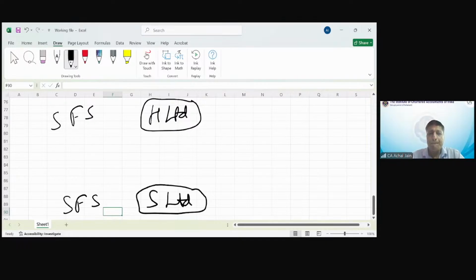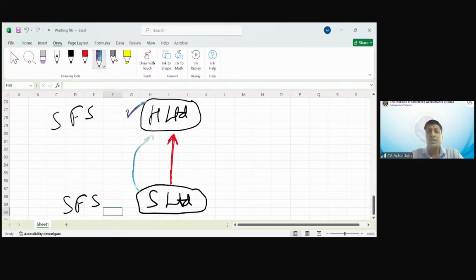Now, H is also required to be consolidated by H. S is required to be consolidated by H. Who will do the consolidation? That responsibility is on H. So therefore, H will need the financial statements of S, right? So this financial statement for consolidation purposes will be provided by whom? S Limited to H.